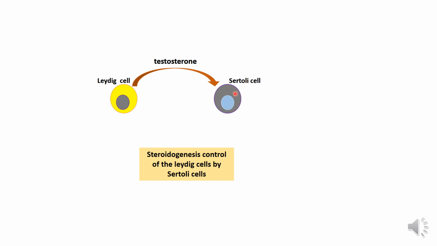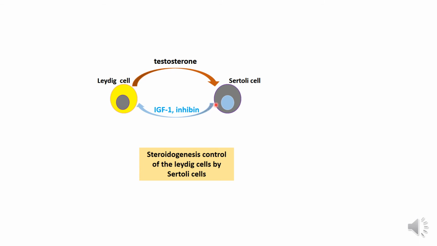The Sertoli cells, from their side, can have a paracrine action also over the Leydig cells by producing growth factors such as IGF-1, the insulin-like growth factor 1, and the inhibin. Both of them are factors that stimulate the steroidogenesis by the Leydig cells. When we say steroidogenesis, we mean the production of steroids, the production of testosterone by the Leydig cells.